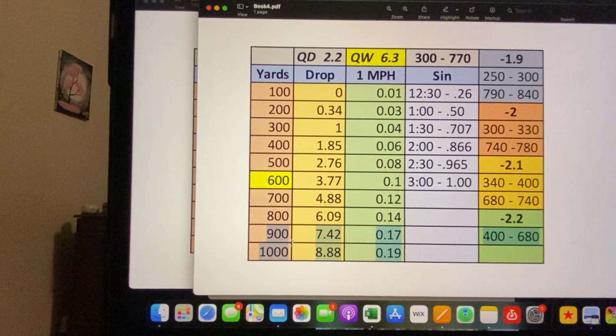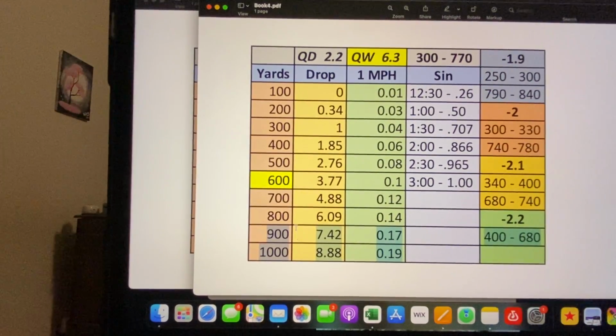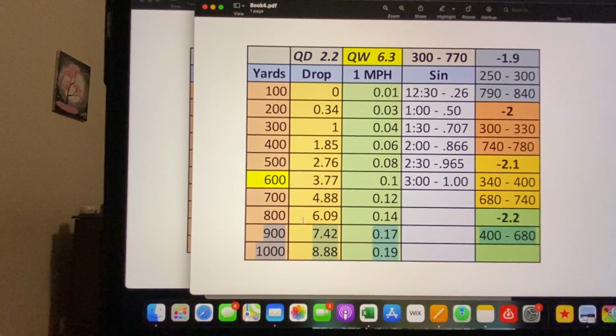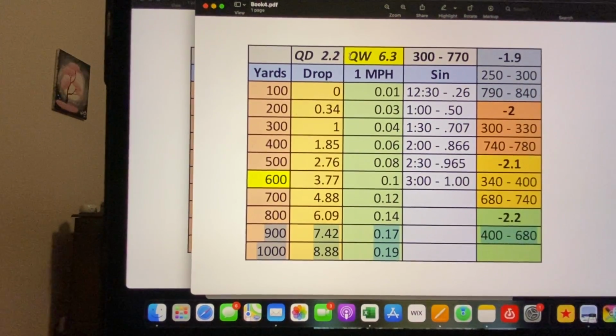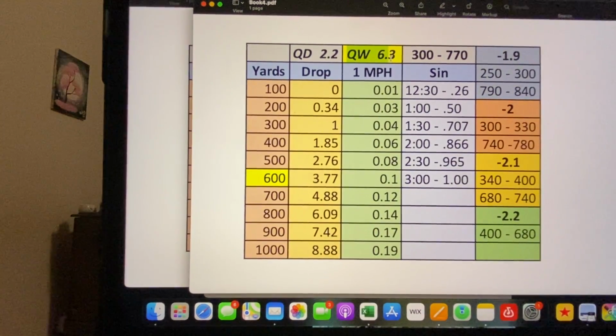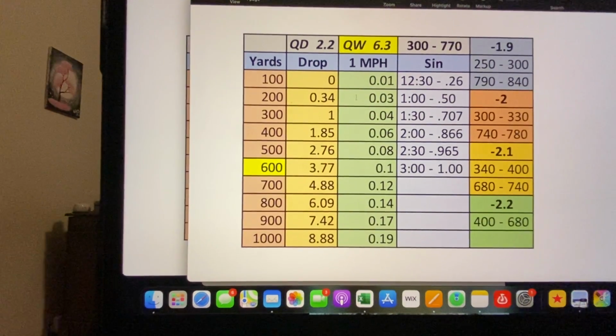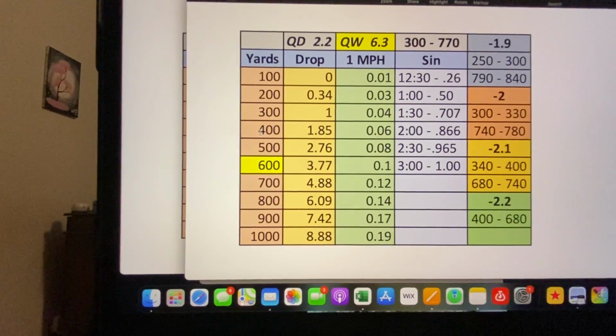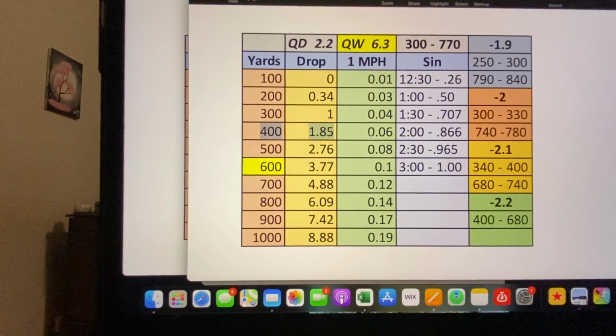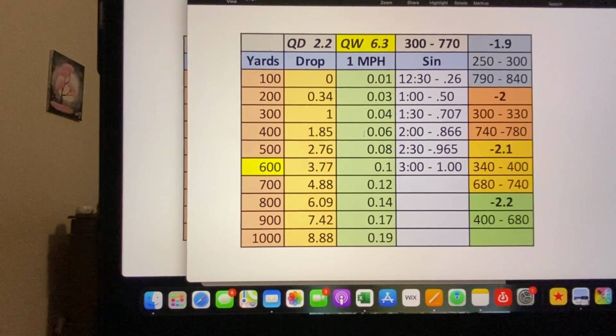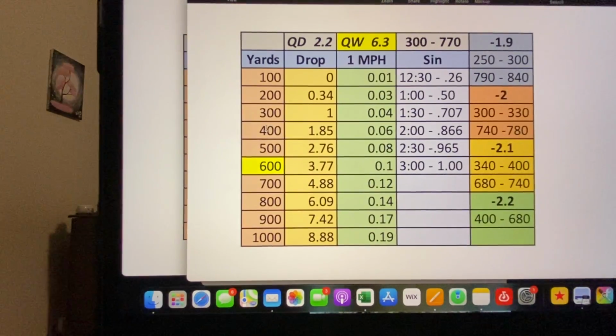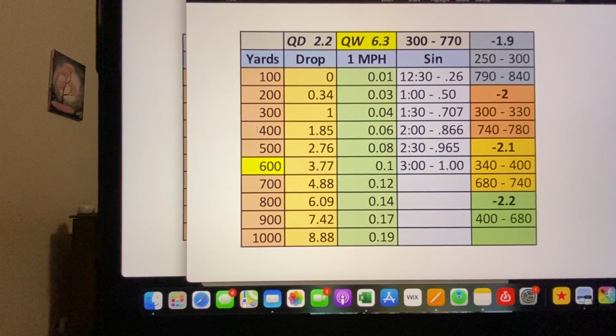I think at 1,100, it's 0.3, and then it starts going off where I don't really memorize it. So our quick wind isn't necessarily absolute all the way out, but what we can do is say, okay, I'm at 500 yards, and I'm pretty close to, I'm going to call it, a 6 mile an hour wind. I don't have to think about it. I just hold 0.4, and we're good.